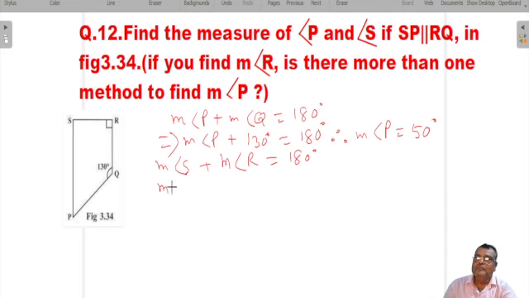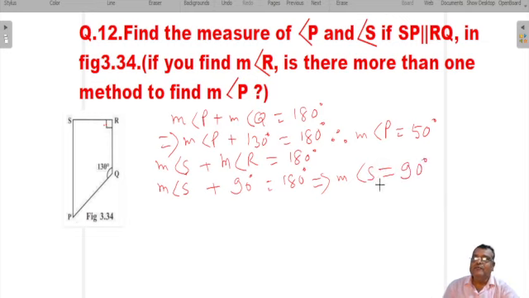So measure of angle S plus measure of angle R, here this is 90 degree given. So measure of angle S is equal to 180 minus 90, which is 90 degree. So you got measure of angle P and measure of angle S.